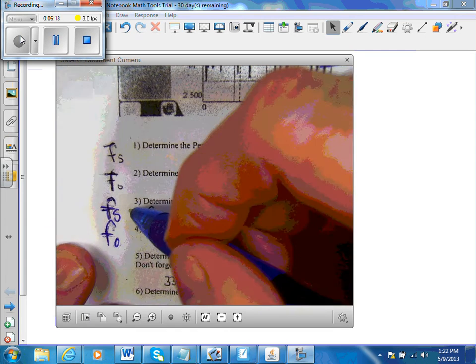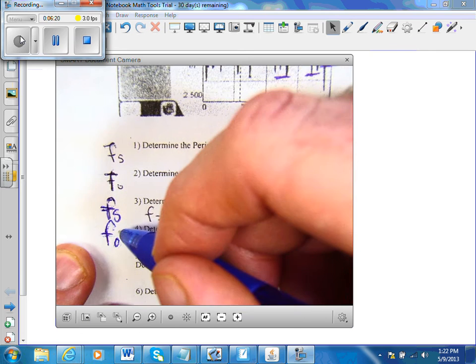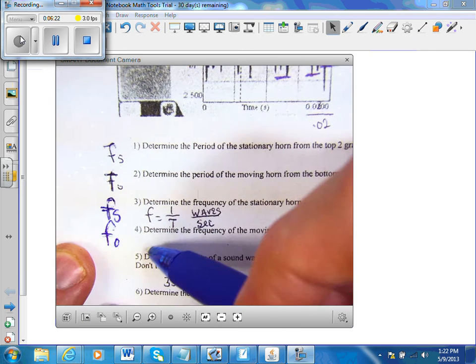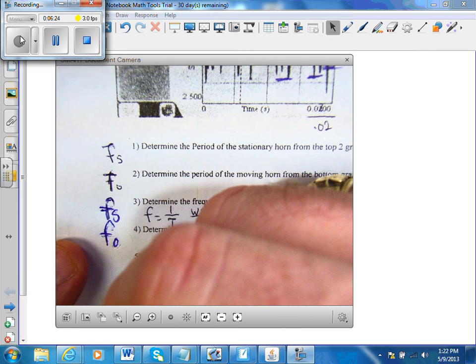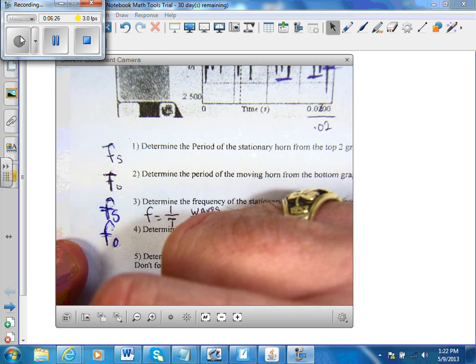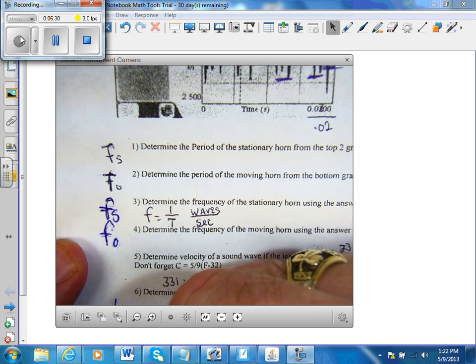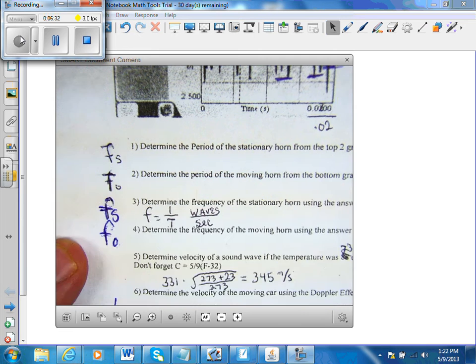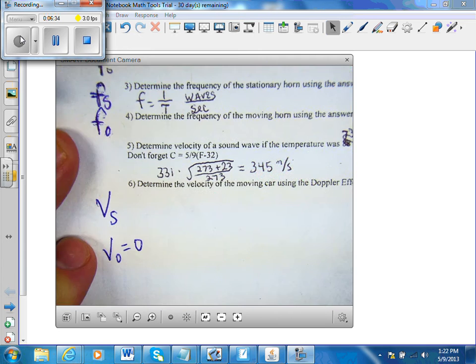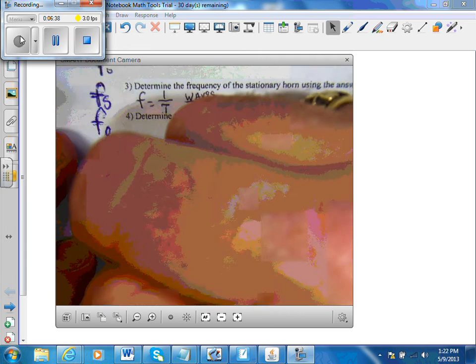So this is the frequency of the stationary source, and number four is the frequency of the observer. You have to figure out the velocity of the source coming at you. We were standing still, so the velocity of the observer is 0 in this case. You're looking to find the velocity of the source.